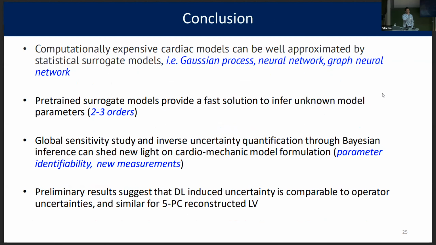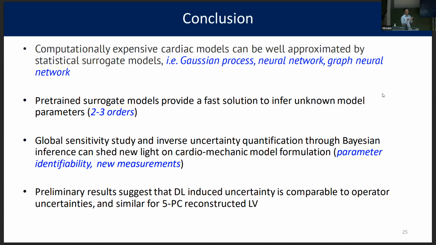Finally, the conclusion. First of all, the computationally expensive cardiac models can be well approximated by various statistical surrogate models, like the Gaussian process and neural network we mentioned. The pre-trained surrogate models can provide a faster solution to infer the unknown model parameters.